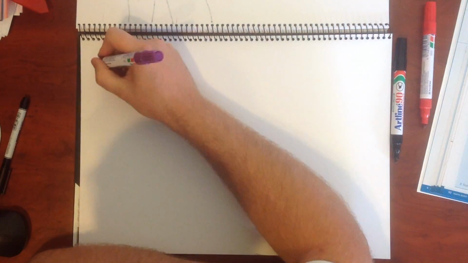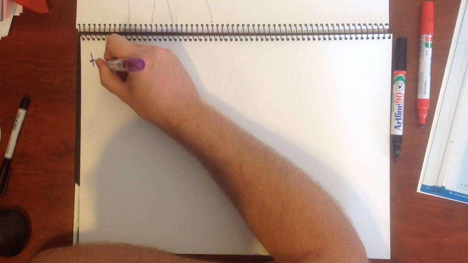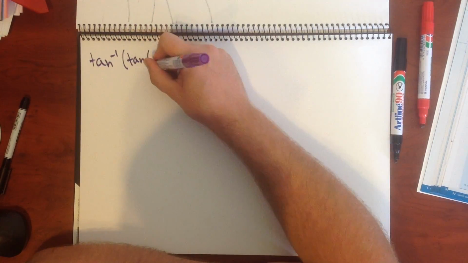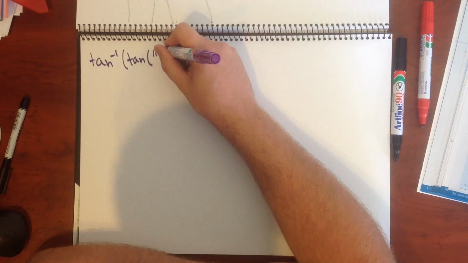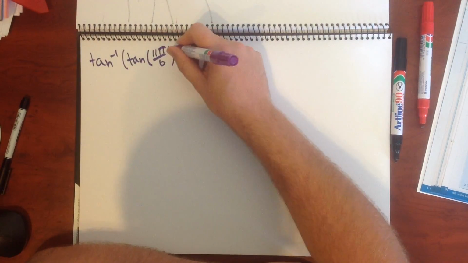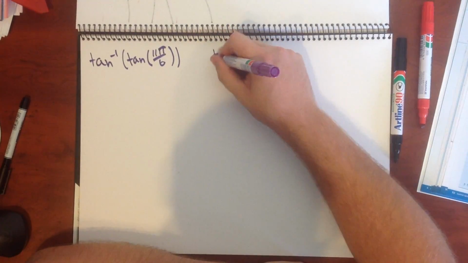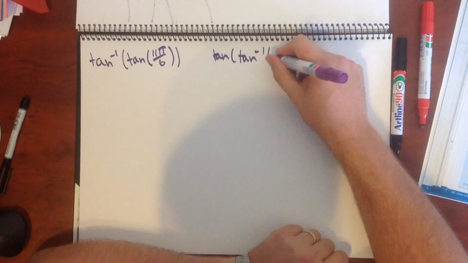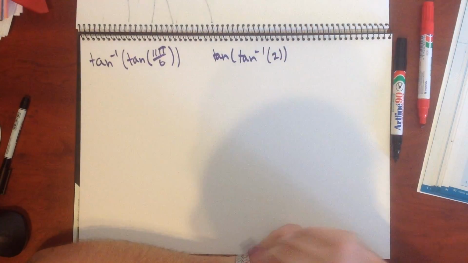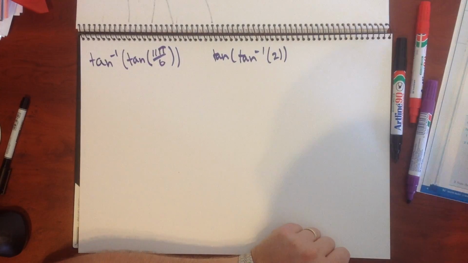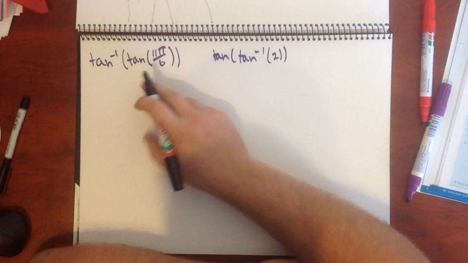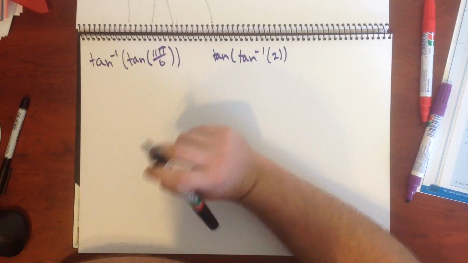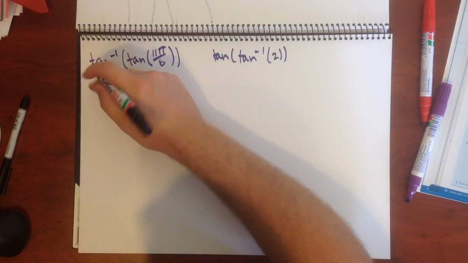Okay, so we've got inverse tan of tan of 11 pi on 6, and we also have tan of the inverse tan of 2. So for this one, we're looking at tan of pi on 6 to start off with. Well, 11 pi on 6 is in the fourth quadrant.